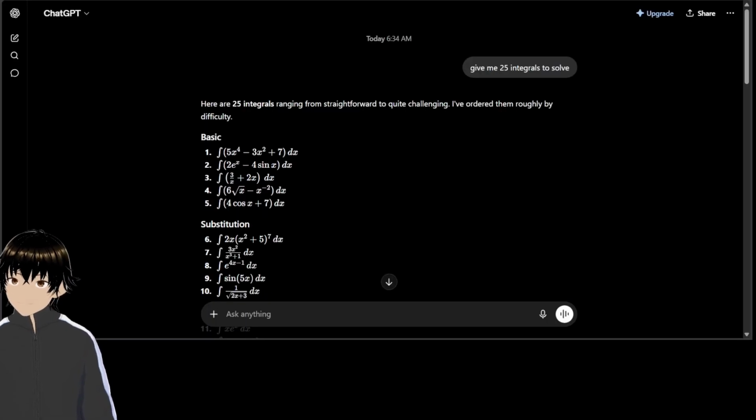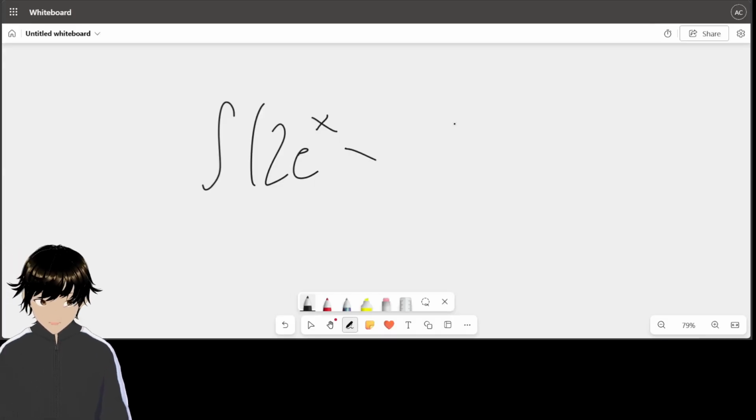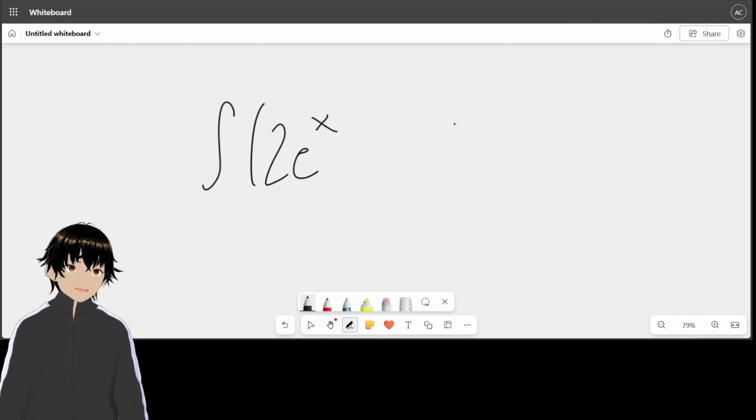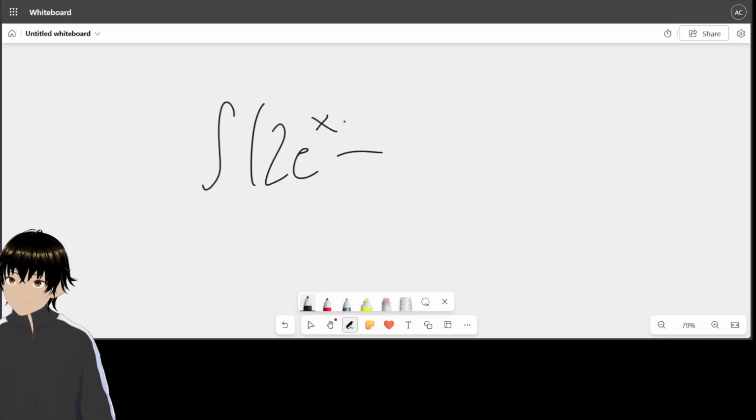Oh goodness me, that's Euler's number. I know there's going to be some inversion happening when I see this Euler's number, but I could be wrong.